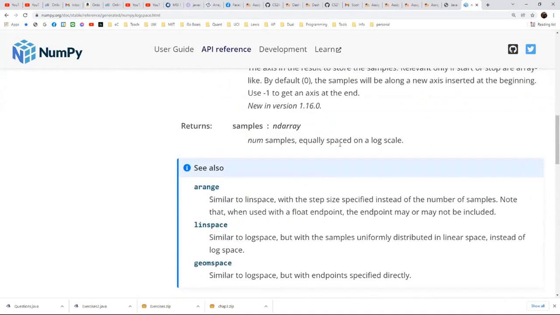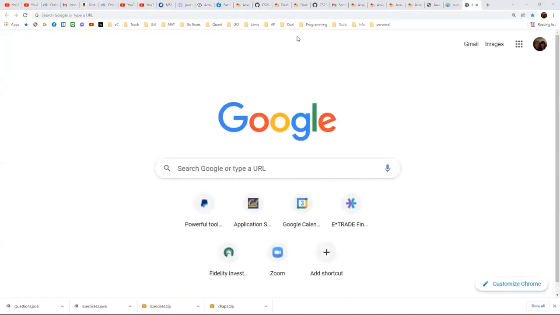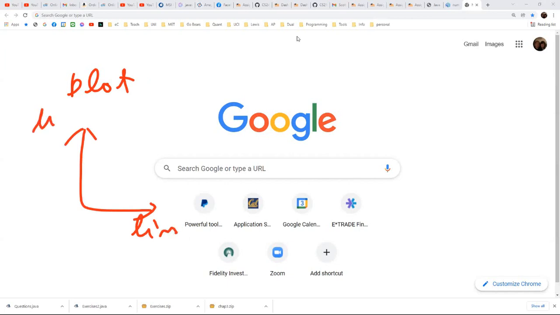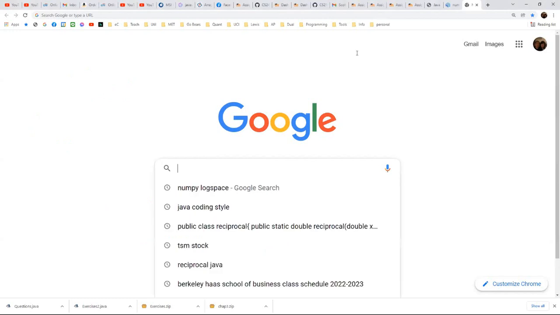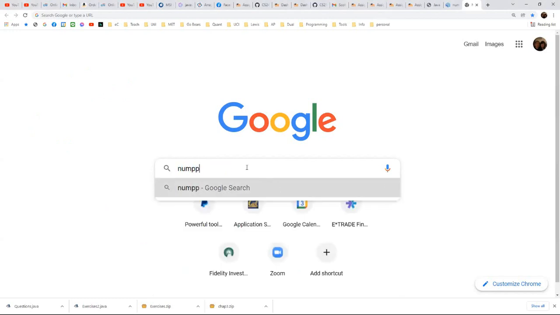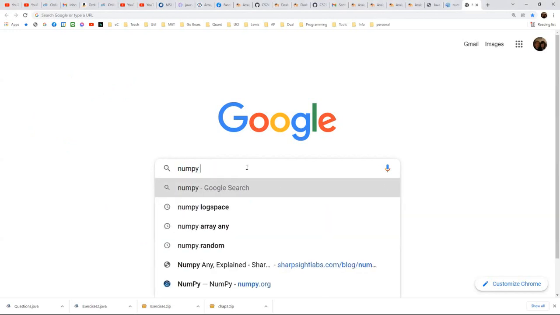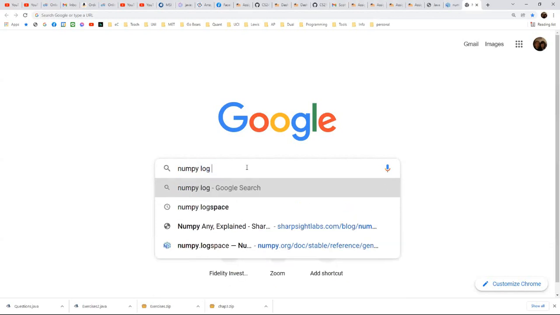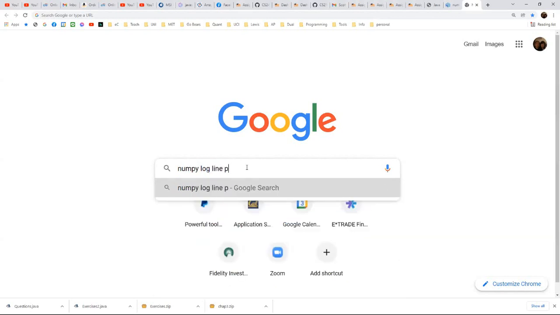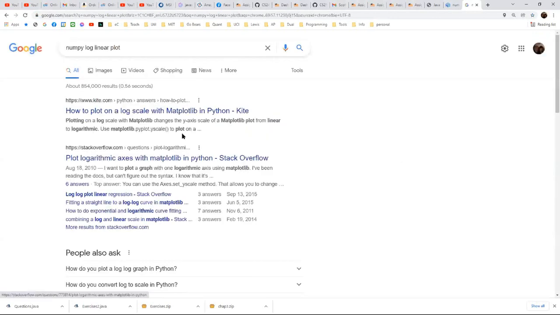We have numpy, and we can use a log and linear plot. The second one is to apply the log scale. Let's see.